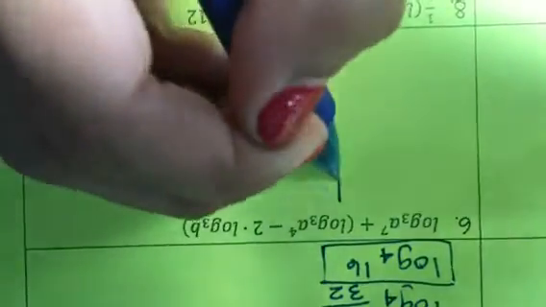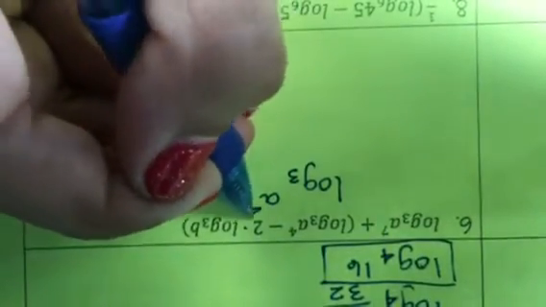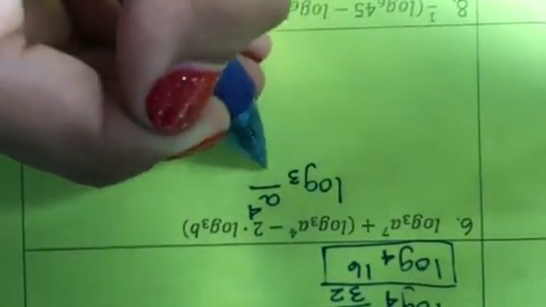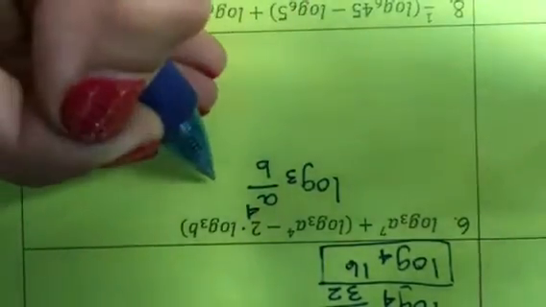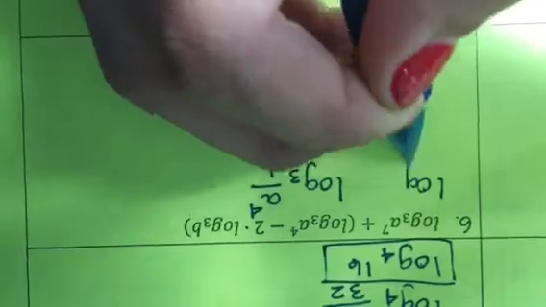I will do that with this problem here. Log base 3 of a to the 4th as the numerator over b as a denominator. I will bring everything else straight down.